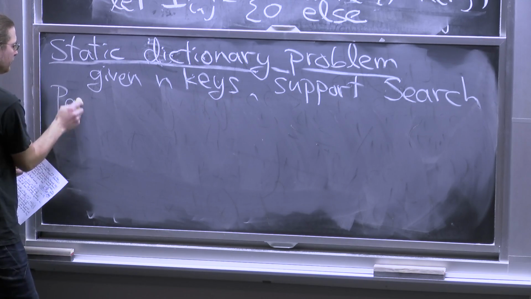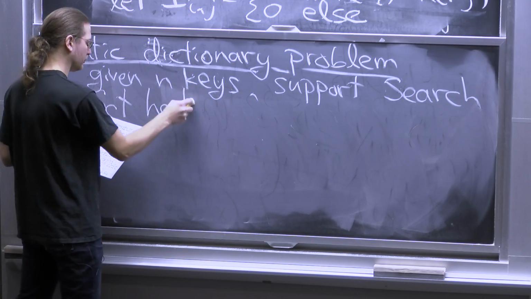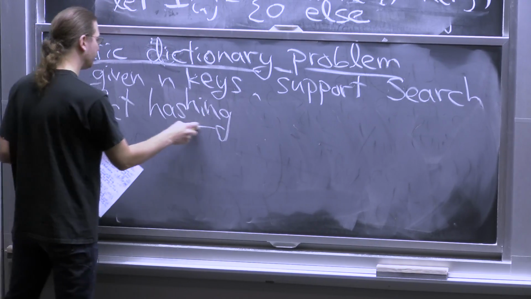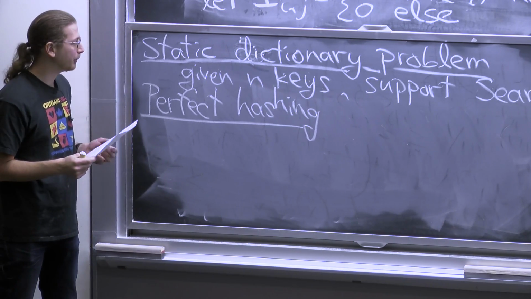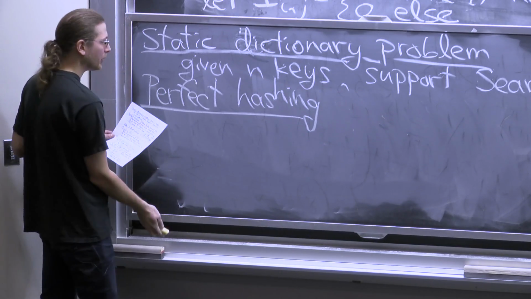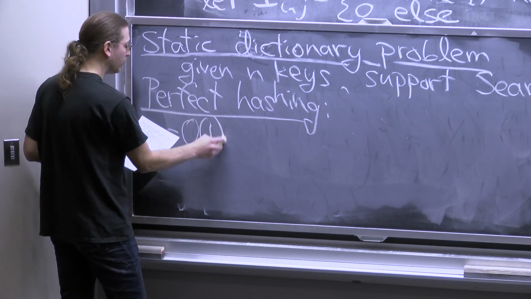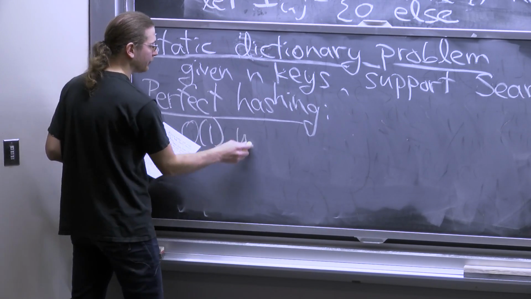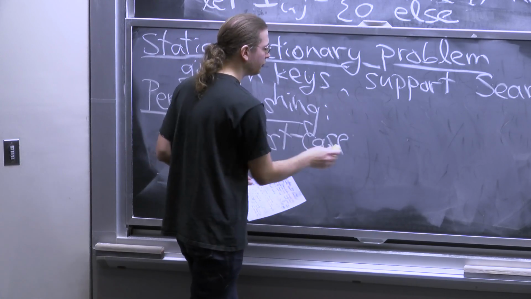And perfect hashing, also known as FKS hashing because it was invented by Fredman, Komlos, and Szemeredi, 1984. What we will achieve is constant time worst case for search.